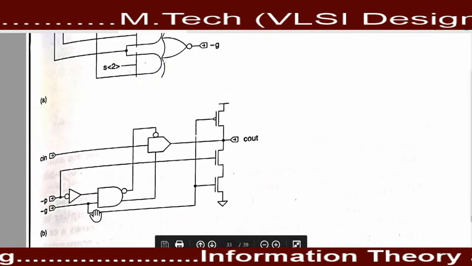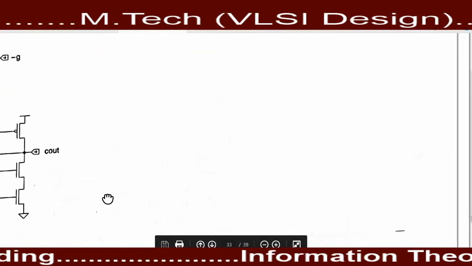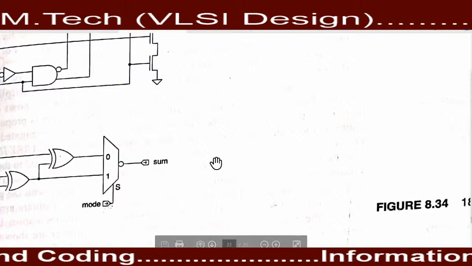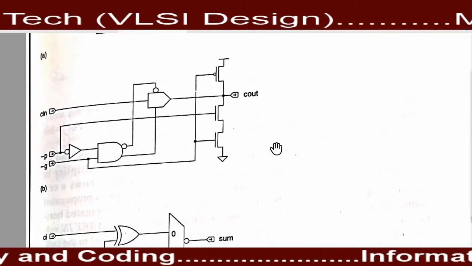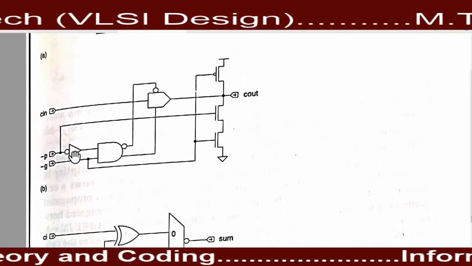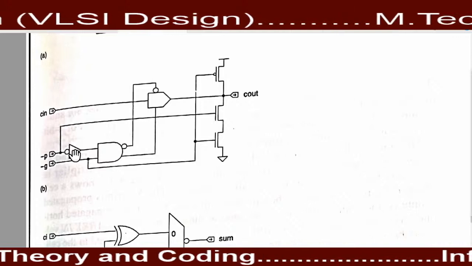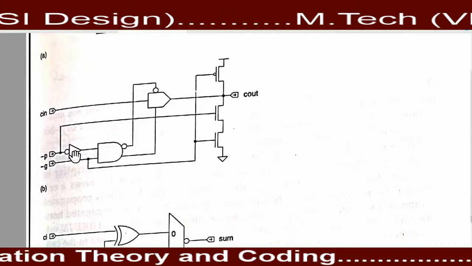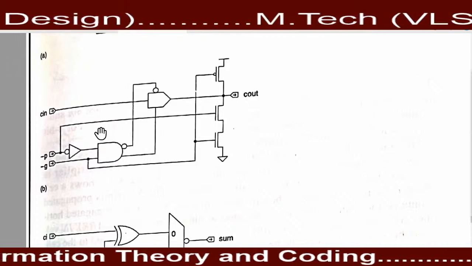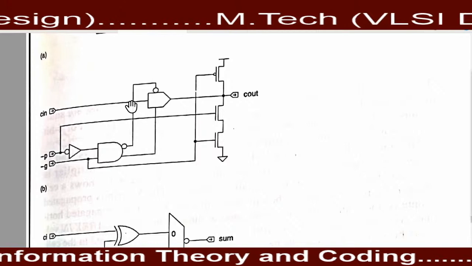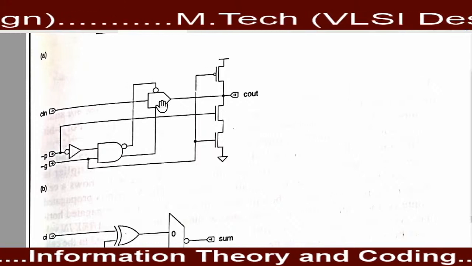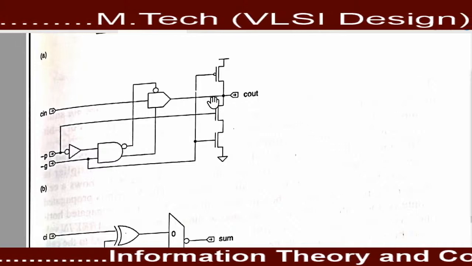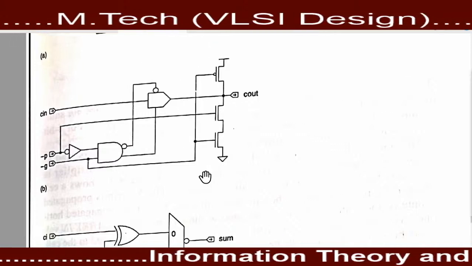This one is also an arithmetic logic circuit. Here one bubbled buffer is present, and the output of this bubbled buffer is provided to the NAND gate. And now a transmission gate is present, and the output of this transmission gate is provided to the NMOS logic.